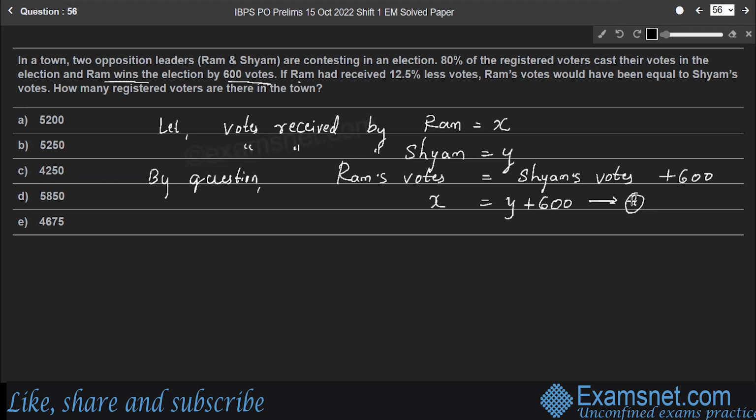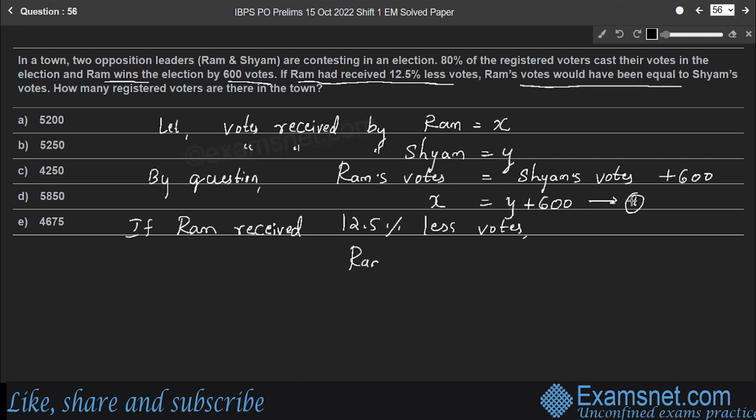Next part of the question. If Ram had received 12.5% fewer votes, then Ram's votes would have been equal to Sham's votes.